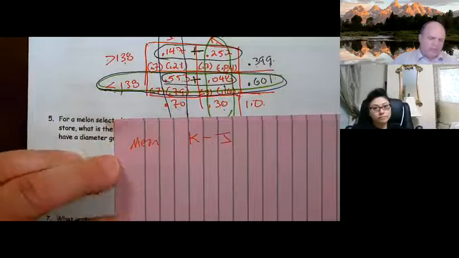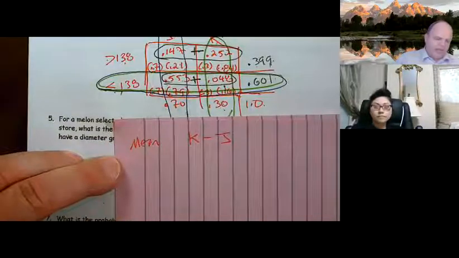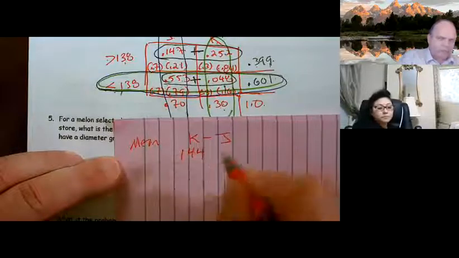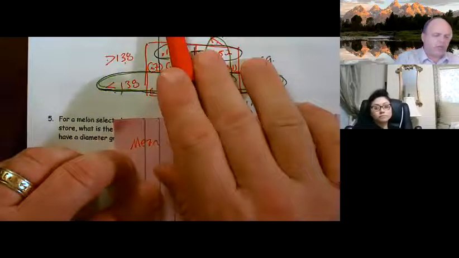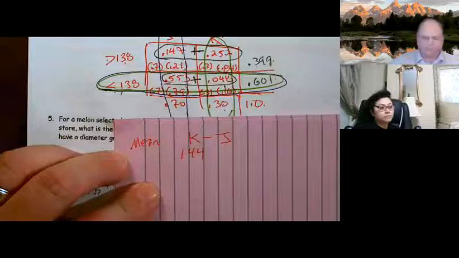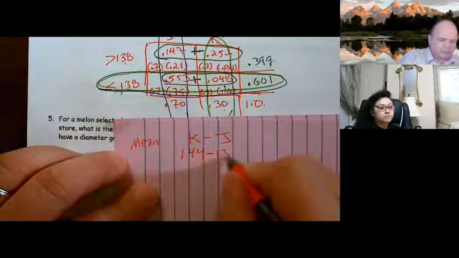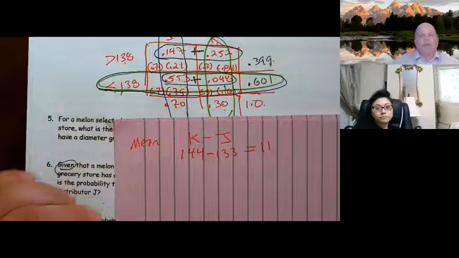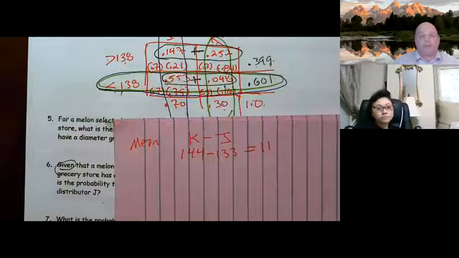They tell me K has 144, and up here J was 133. Equals 11, and that's all the work you need to show on that.